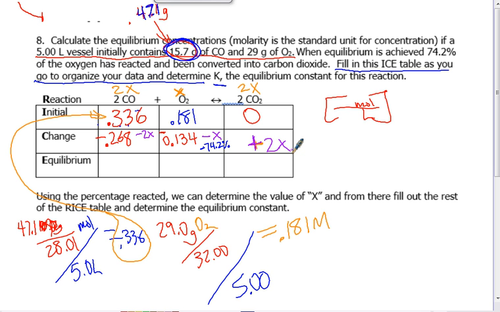It's becoming a product. So if we subtract 74% of that value, we'll know how much oxygen is gone. So how did I get this 0.134? I figured out what 74% of the original was. I just did 0.181 times 74%.